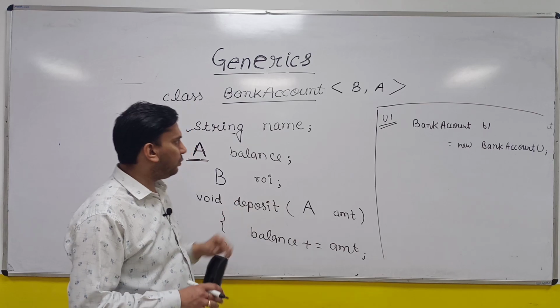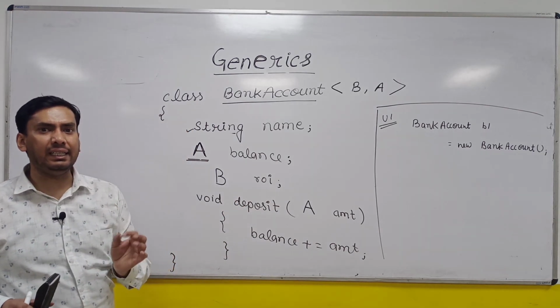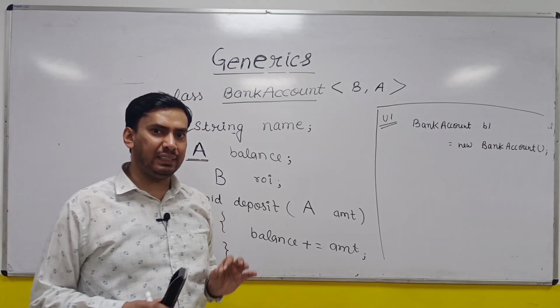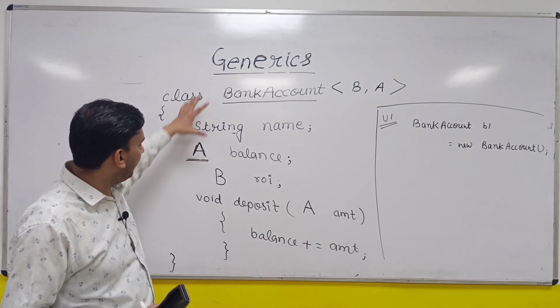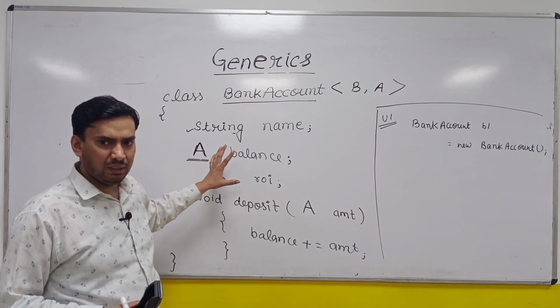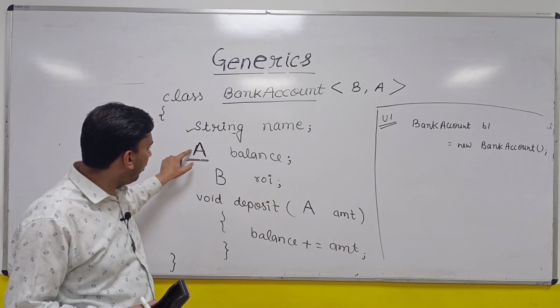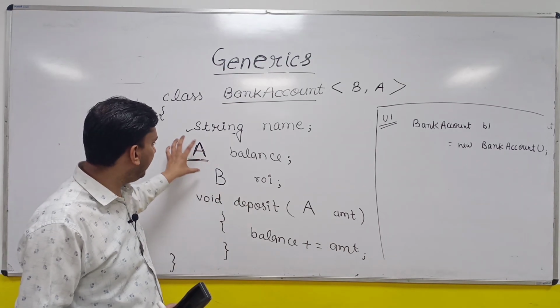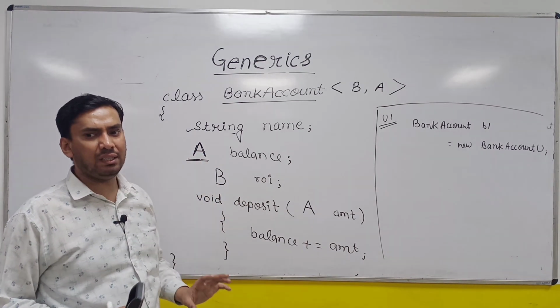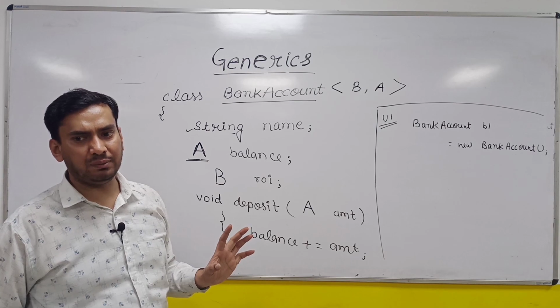So there are two concepts. One is called erasure. In generics there is a concept called erasure. What is erasure? When you compile this code, after compilation all these A and B are erased. Compiler will replace all these A and B with the actual types, right?